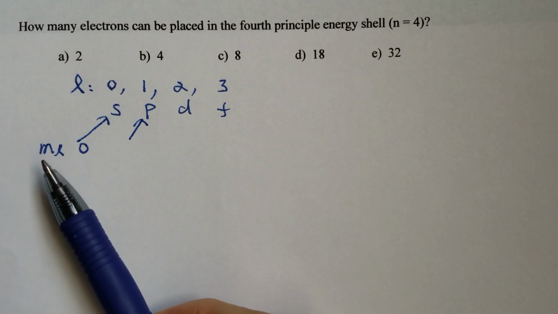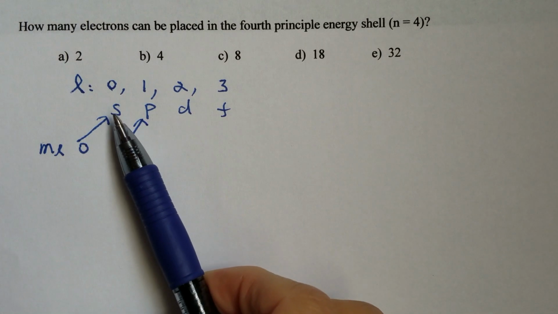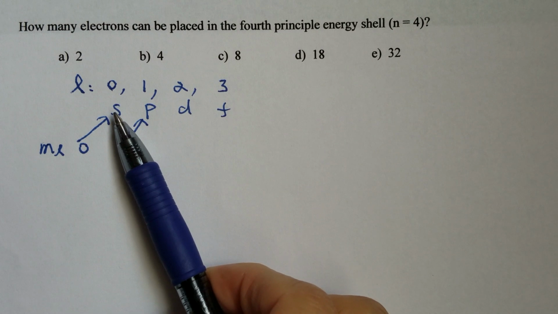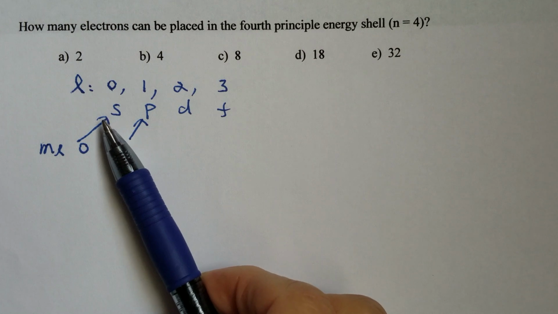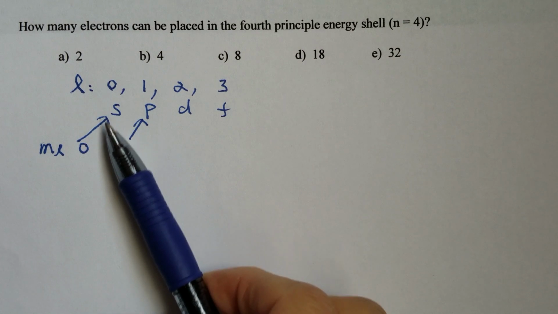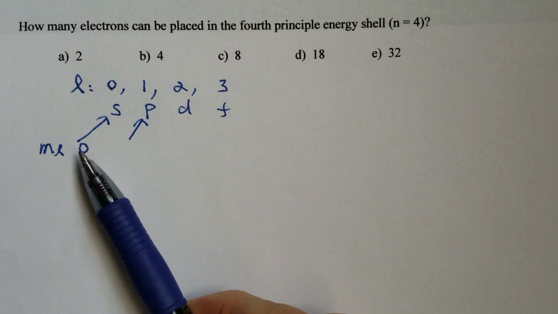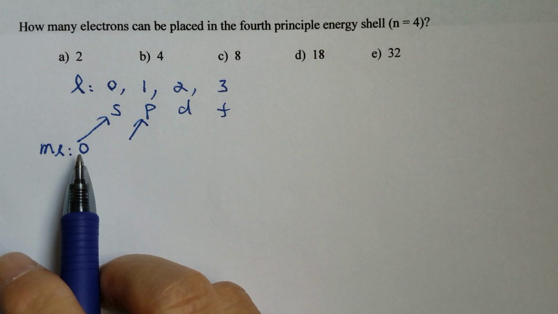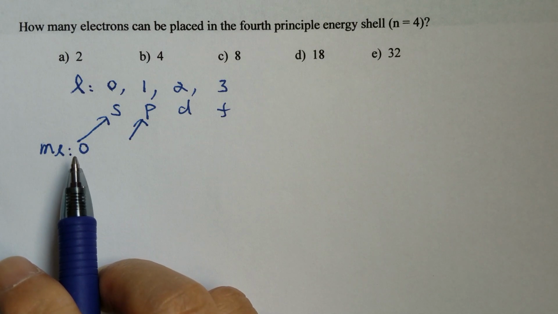Now you see for the s subshell, L equals 0, 2L plus 1, so that should be just 1 because L equals 0. So therefore, ML equals 0, which means for this subshell there is 1 orbital, which is the s orbital.